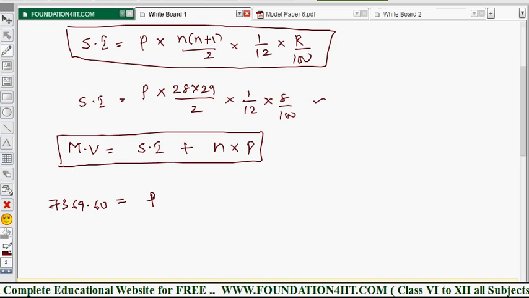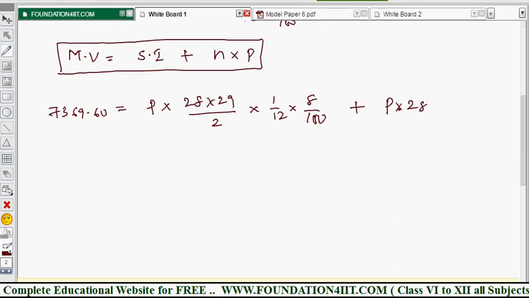And simple interest you can take this value, that is P into 28 into 29 by 2 into 1 by 12 into 8 by 100 plus n into P again. So we don't know P, n is 28. So P into 28. From this we can find out the value of P. Let us take P common and write the remaining values and simplify.